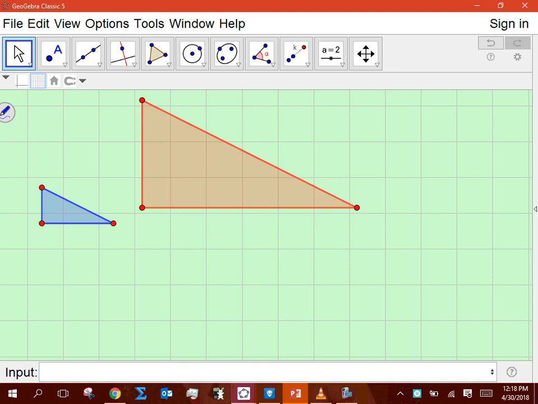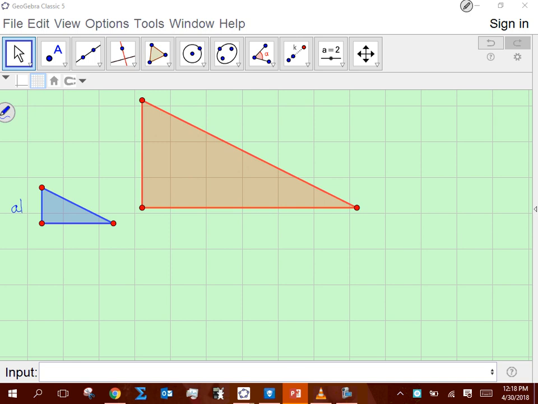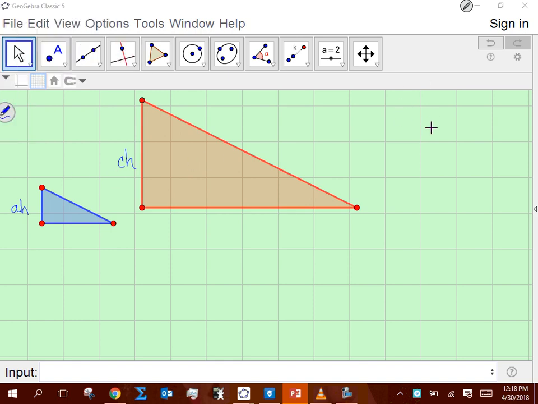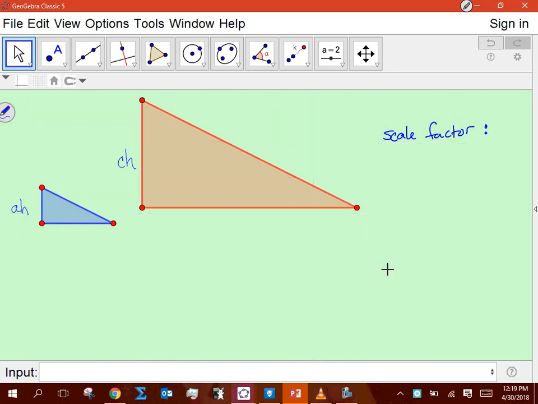If they're similar, and I call this side here A times H, and I call this side here C times H, what would the scale factor between these two figures be, from the blue one to the red one? What would it be?